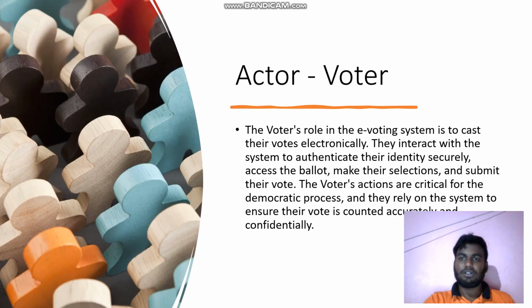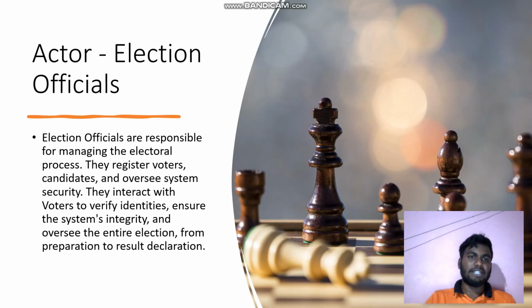Let's see the actor roles. Voter: the voter's role in the e-voting system is to cast their vote electronically. They interact with the system to authenticate their identity, access the ballot, make their selection, and submit their vote. The election officials are responsible for managing the electronic process.